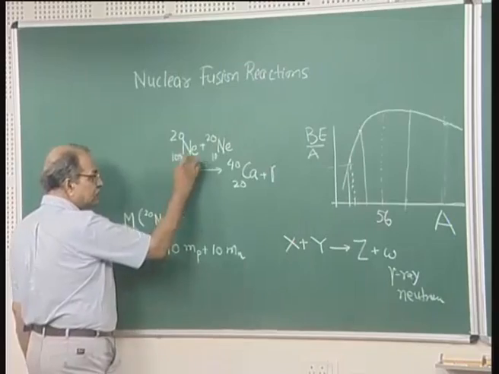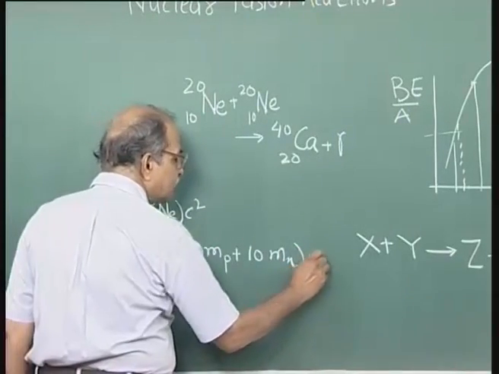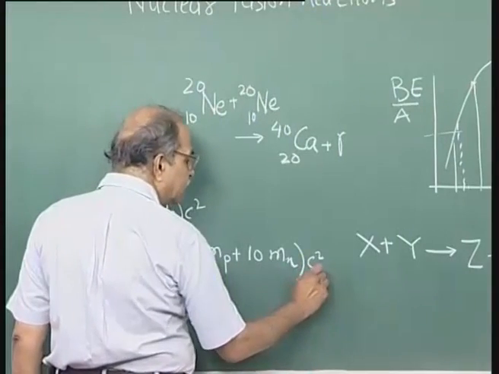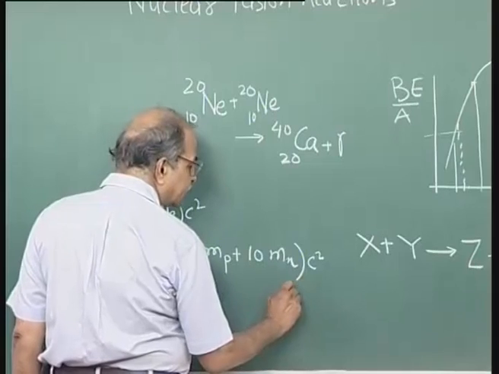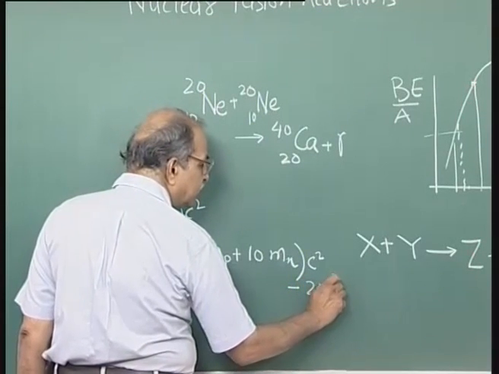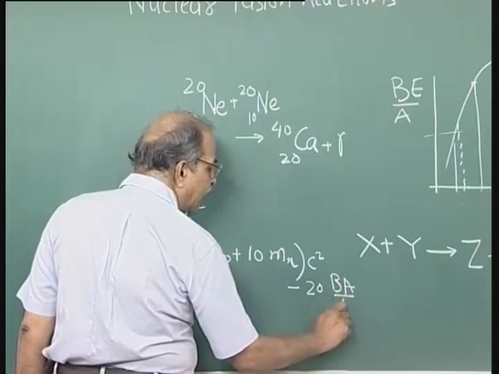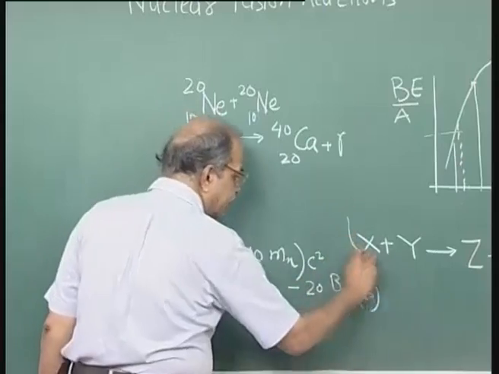So, these are the masses of these nucleons separately times c squared and minus binding energy. How much is that? Minus binding energy is minus 20 times B by A at 20. Understand the symbols?